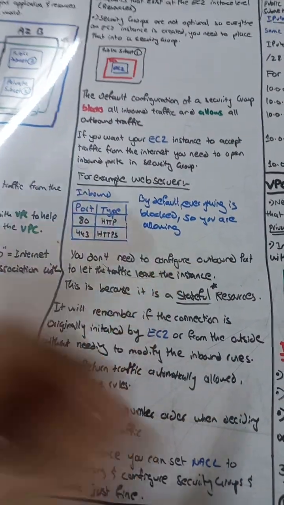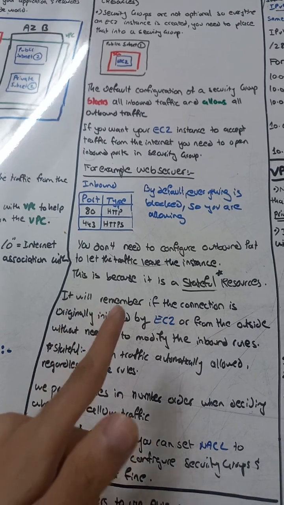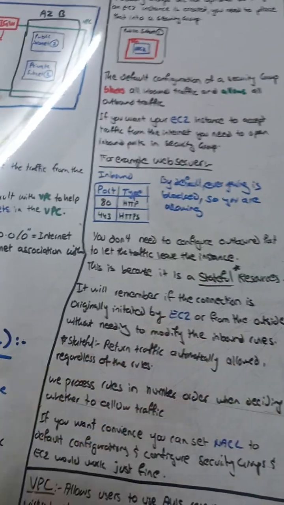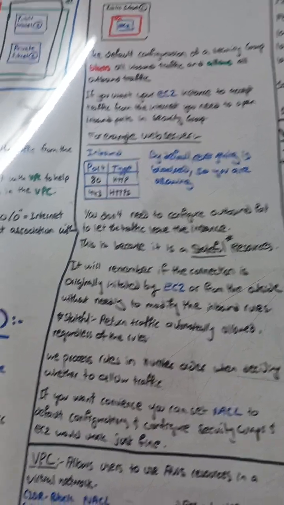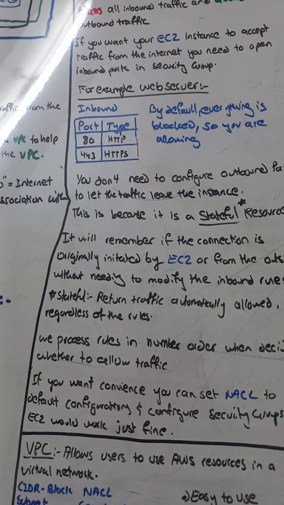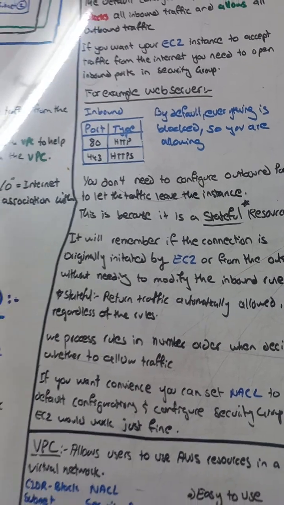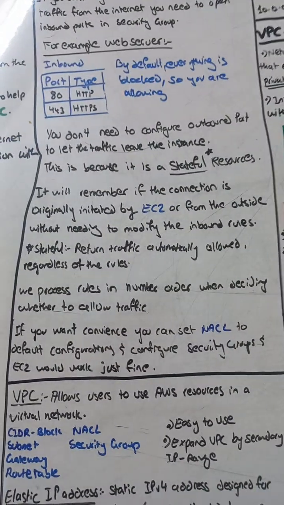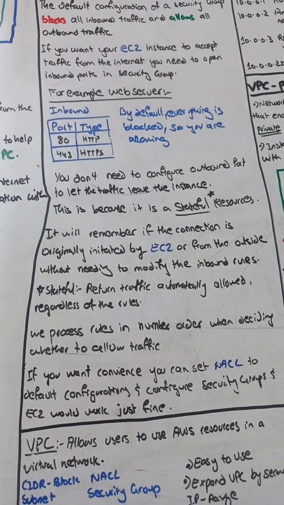They are stateful resources because they remember whether the connection was originally initiated by the EC2 instance or from the outside world, without needing to modify the inbound rules. With stateful, return traffic is automatically allowed regardless of the rules. So we process rules in number order when deciding whether to allow traffic or not.